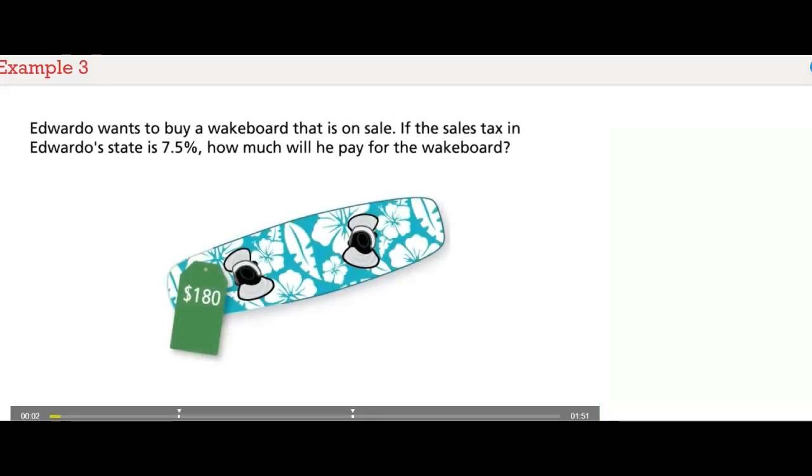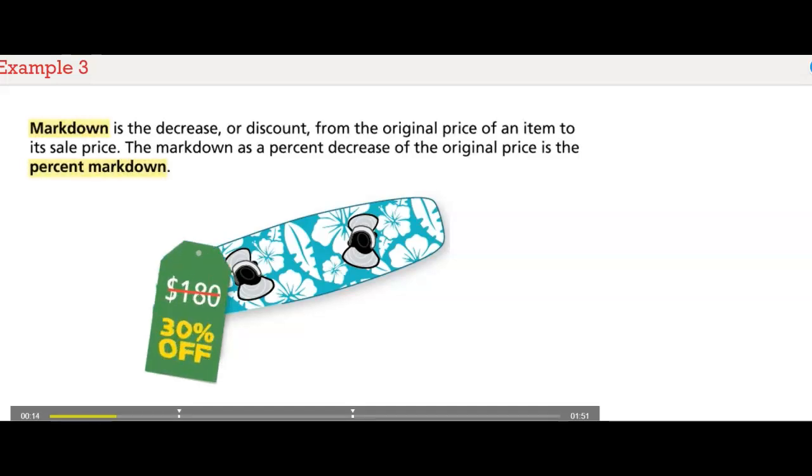Eduardo wants to buy a wakeboard that is on sale. If the sales tax in Eduardo's state is 7 5/10%, how much will he pay for the wakeboard? Markdown is the decrease or discount from the original price of an item to its sale price. The markdown as a percent decrease of the original price is the percent markdown.